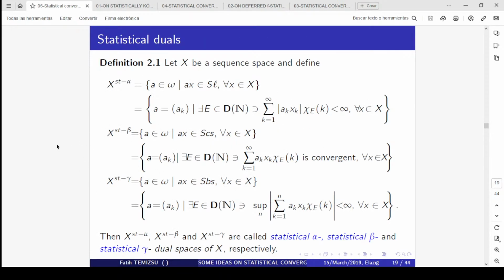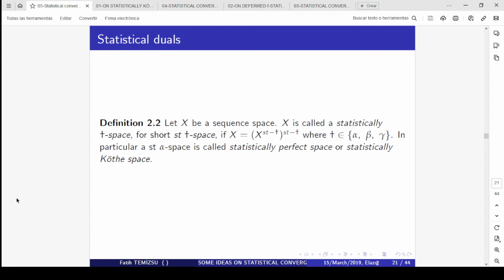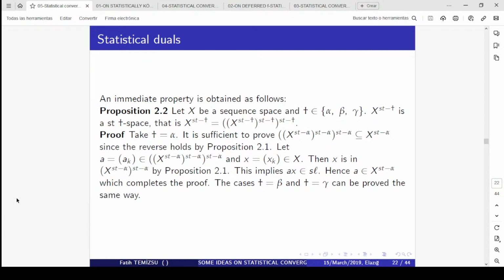Then we give the advanced revised version of statistical alpha, beta, and gamma duality of sequence spaces. These are some results of this new type of statistical duality in accordance with their usual sense.